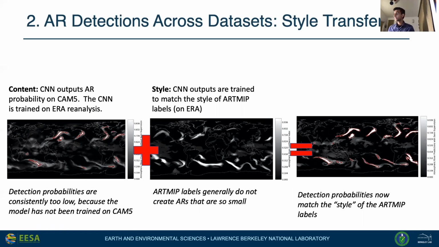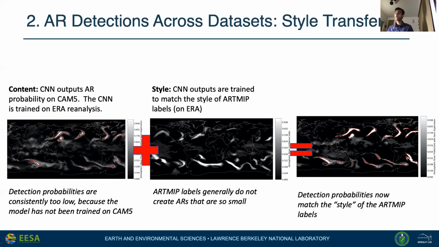Using this style transfer method, we can see that the neural network detections are much higher as a result, and they much more closely represent and match the style of ArtMIP labels that we expect to see. And this is shown in the rightmost figure on this slide. The detection probabilities now match the style of the ArtMIP labels.